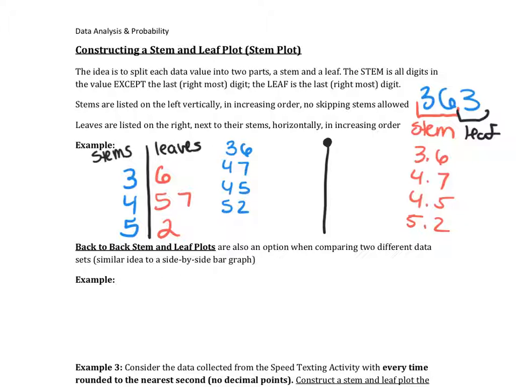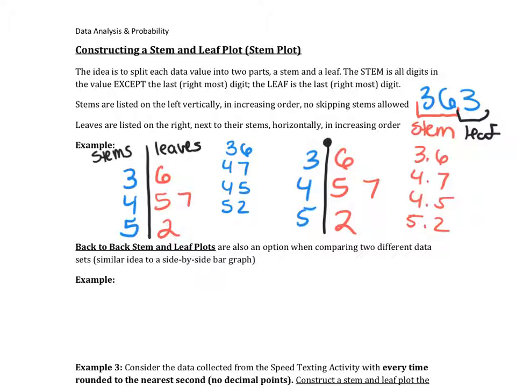But you would still do it the same, where you'd have your stems, the first digit, 3, 4, 5, and your leaves would still be the last digit, which in this case is the number after the decimal point. If we do the decimal one, you're going to end up with a lot more stems, so it's not always the best way to represent data with whole numbers. It's less stems, so it's a little easier to organize.